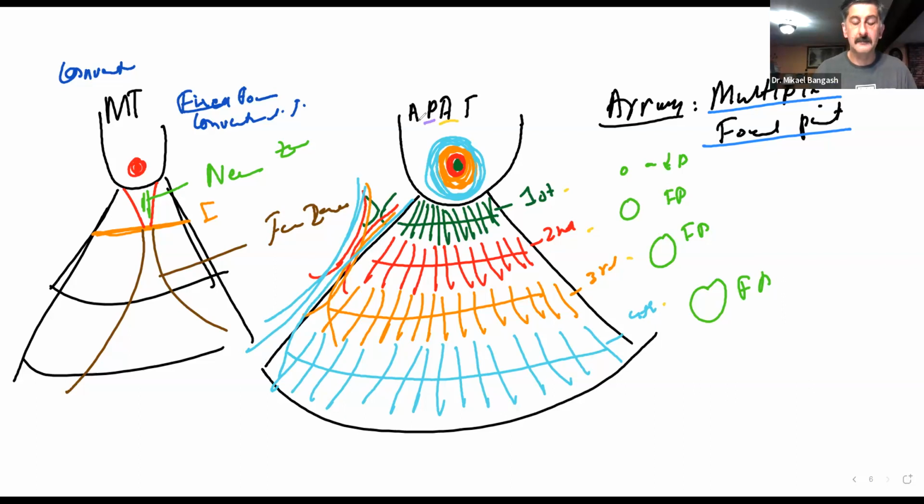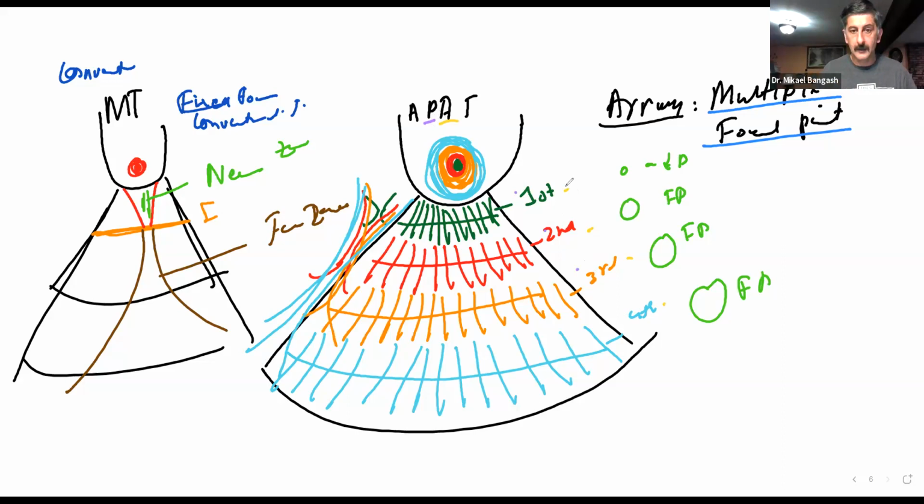Now, when we say phased, that's mainly because the focusing of the beams produced by each PZT is not going to happen all at once. The focusing is going to happen in phases.